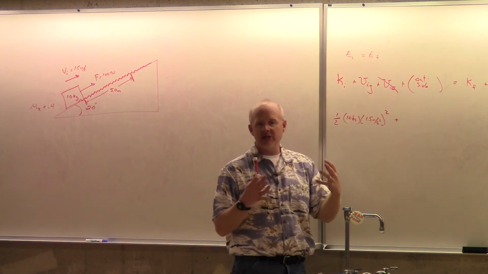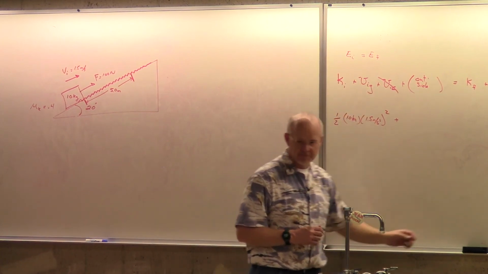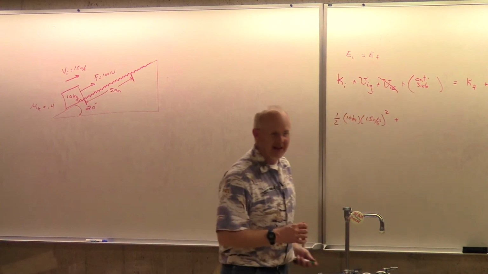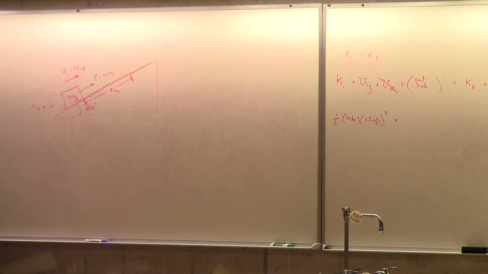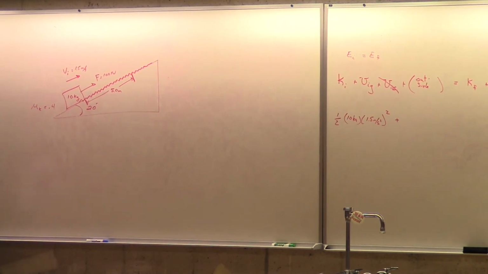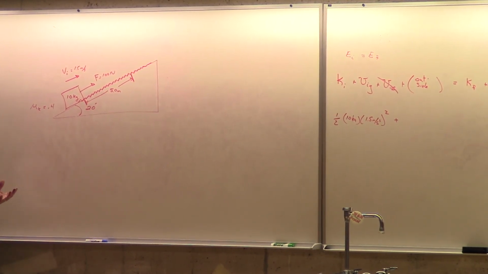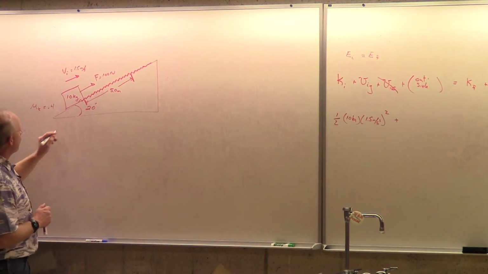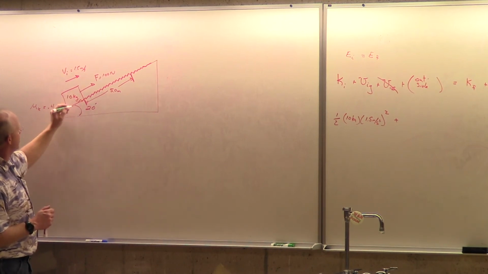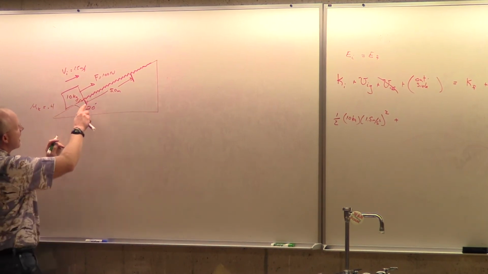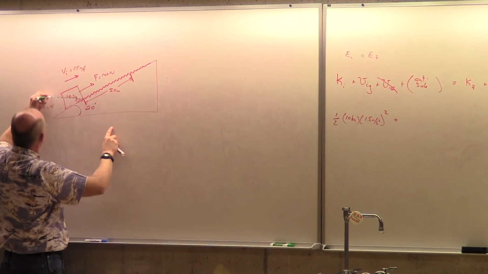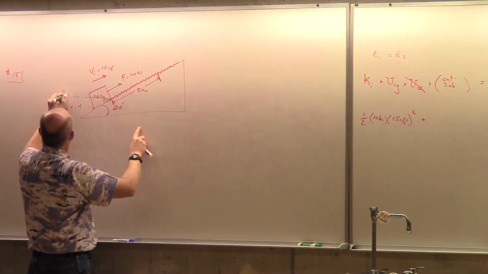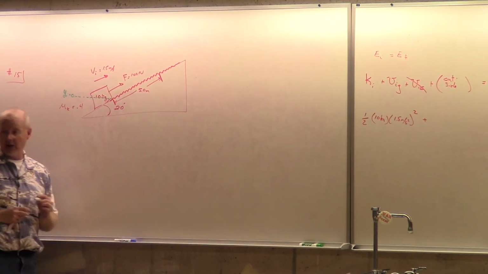How much gravitational potential energy do I have? Yeah, that begs the question, where do you call y equals 0? So we got that choice. So make it clear where you want to call y equals 0. How about right here where it starts? All right. And of course we can measure from the top edge or the back edge or the center, wherever you want. But since I kind of measured the incline from the front edge, why don't I go ahead and measure the height from the front edge?